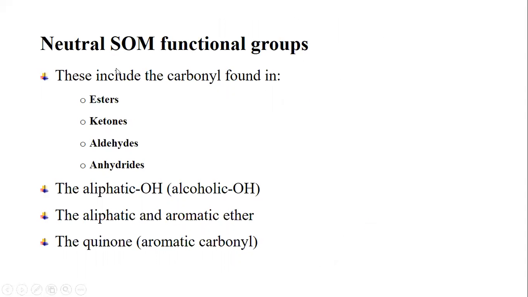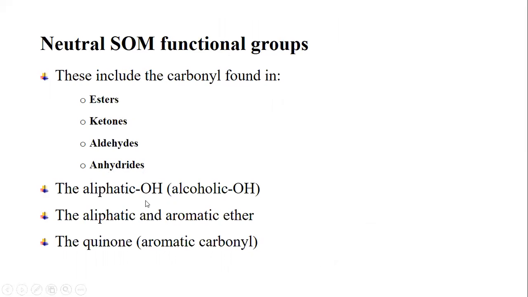We'll talk first about the neutral soil organic matter functional groups. Remember, these are the ones that do not ionize. They do not give you positive or negative charges. These include the carbonyl group, which can be found in esters, ketones, aldehydes, and anhydrides. So these are all carbonyls, different types of carbonyls.